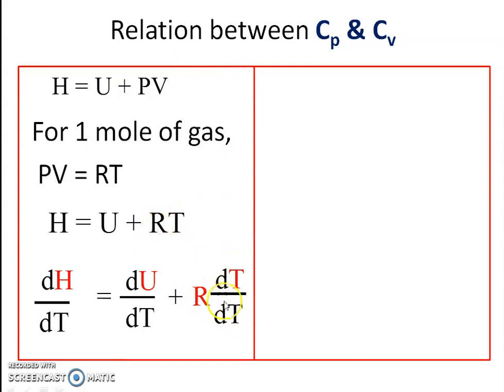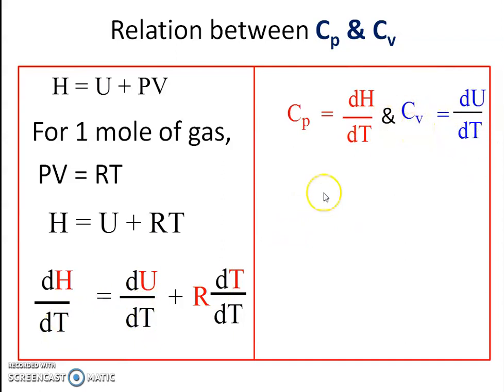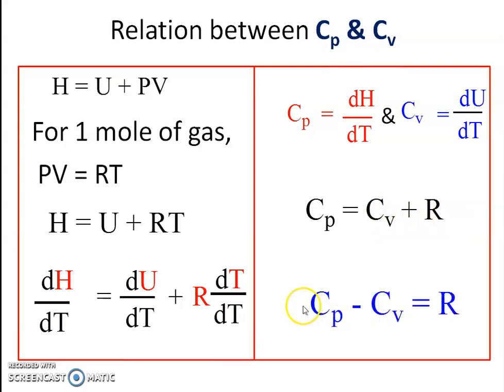R is a constant, and dT/dT is 1, so this is nothing but R. But we know that dH/dT is Cp, and dU/dT is Cv. So substituting these terms by Cp and Cv, we can write Cp is equal to Cv plus R, or by rearranging terms, Cp minus Cv is equal to R.